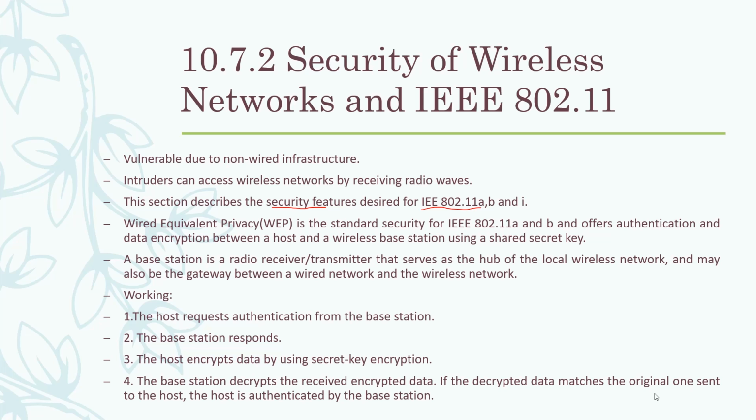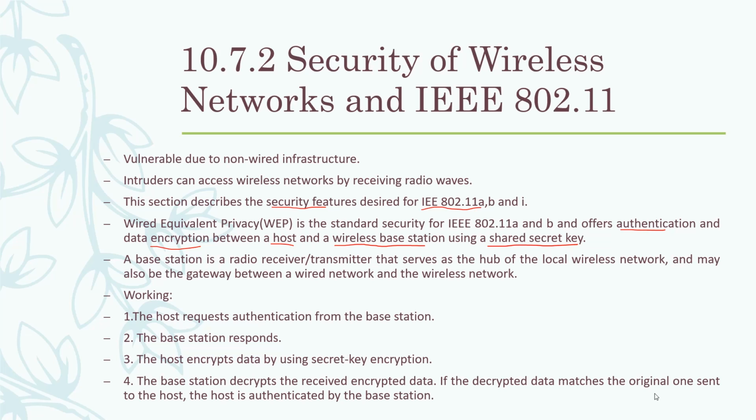Wired Equivalent Privacy, or WEP, is the standard security for IEEE 802.11, which represents wireless local area network. WEP offers authentication and data encryption between the host and a wireless base station using a shared secret key.